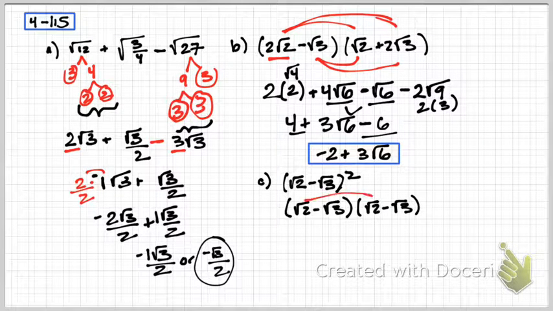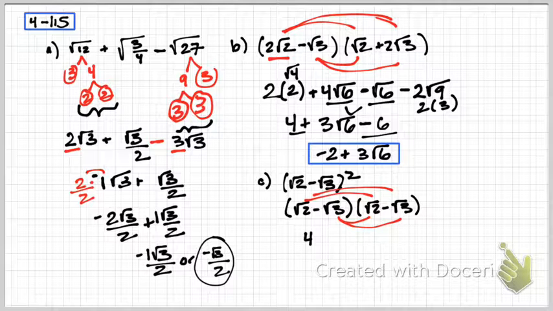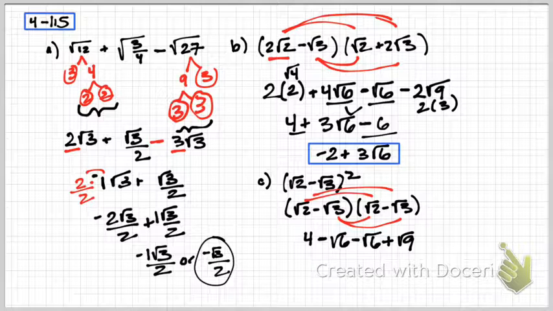Distribute this guy. Let's see here. So we get 4 minus rad 6 minus rad 6 plus rad 9. 4 minus 2 rad 6 plus 3.